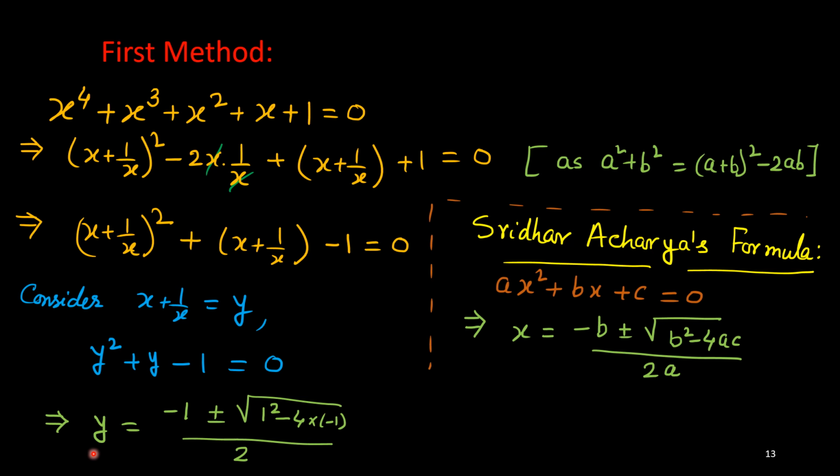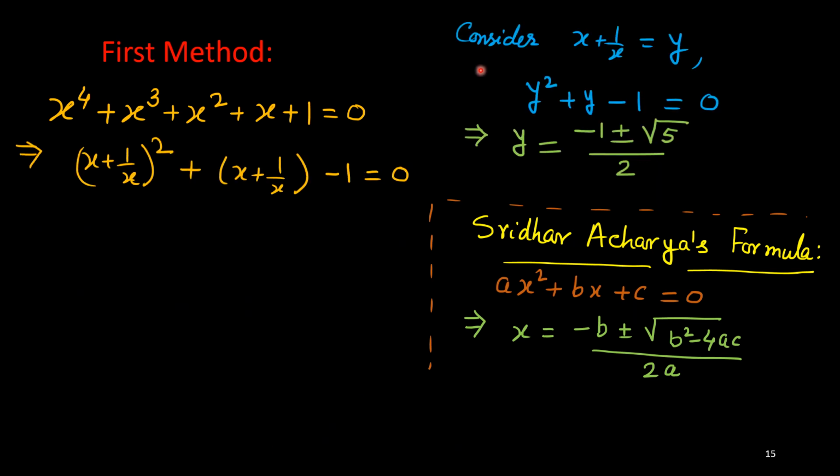So y will be minus b, means minus 1, plus minus square root of b square, 1 square, minus 4ac, a is 1 and c is minus 1, by 2a, a is 1. If you simplify this, minus 1 is plus, it is 4, 1 plus 4 is 5. So minus 1 plus minus square root 5 upon 2. So this is the solution for y.